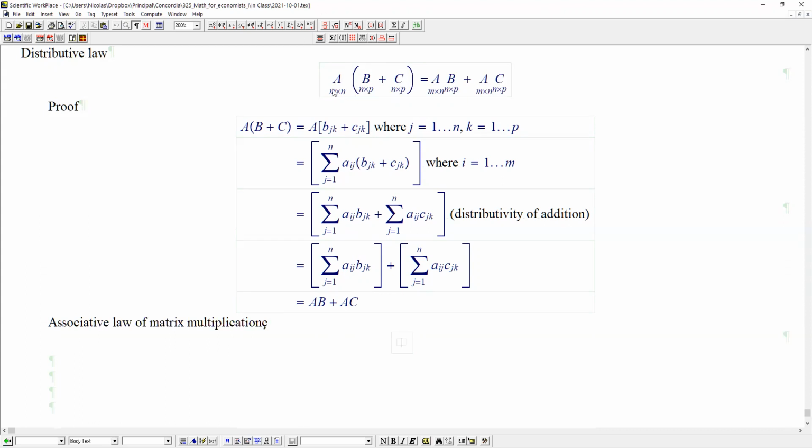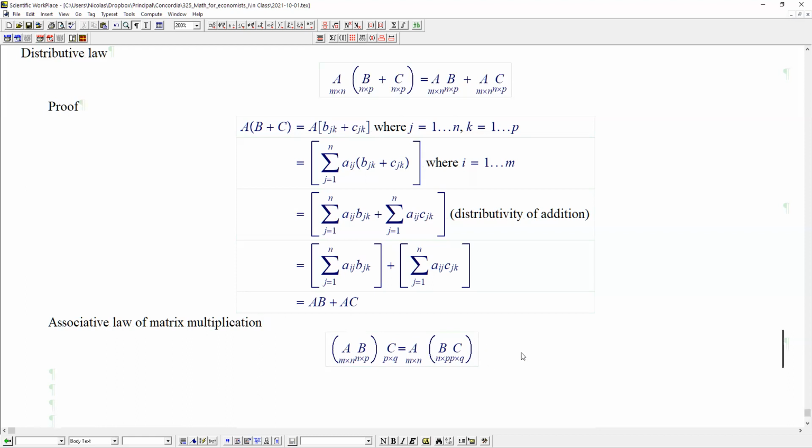So if I have (AB) times C, which would be P times Q, for instance, then this will be equal to A times (BC).